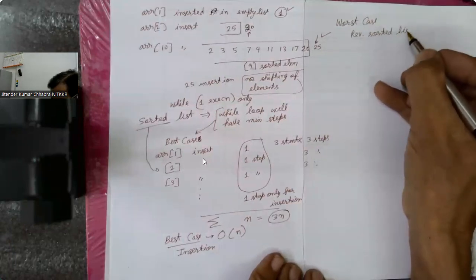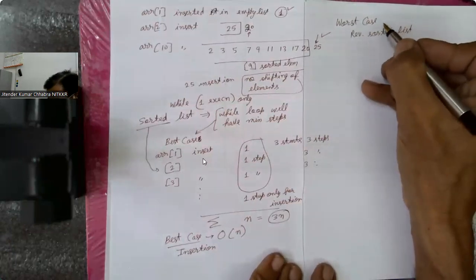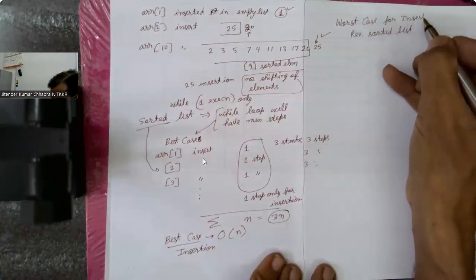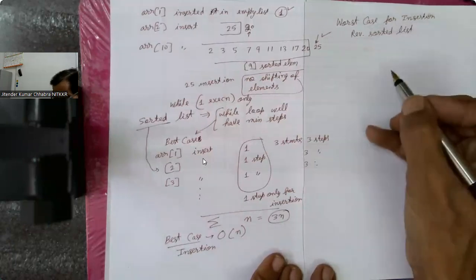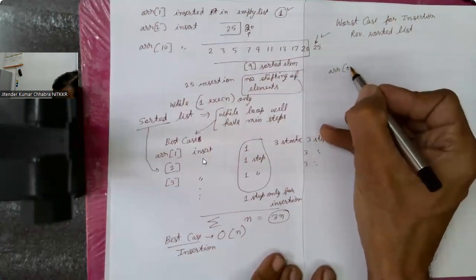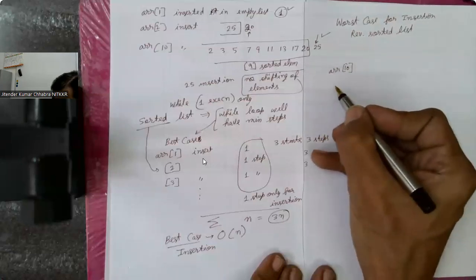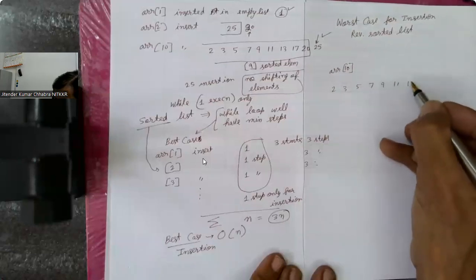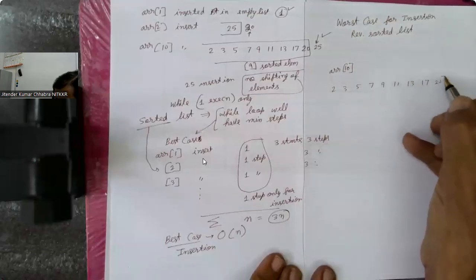If I had a reverse sorted list for my insertion sort, now every time the while loop has to execute the maximum number of times. For example, array 10 to be inserted. Let's say I have 2, 3, 5, 7, 9, 11, 13, 17, 20.